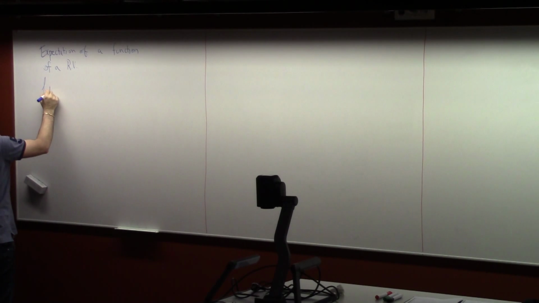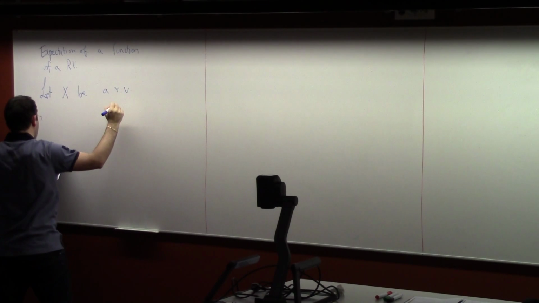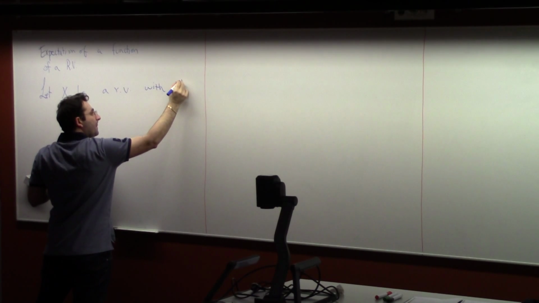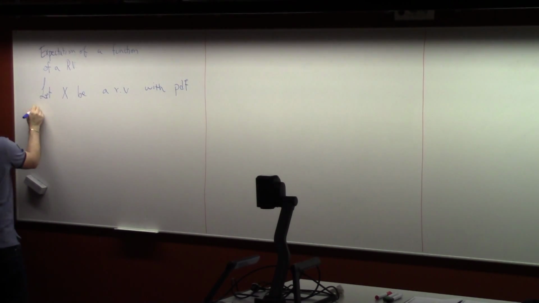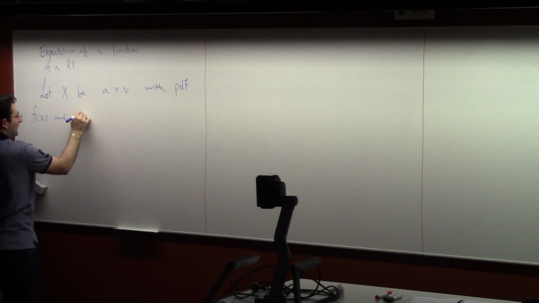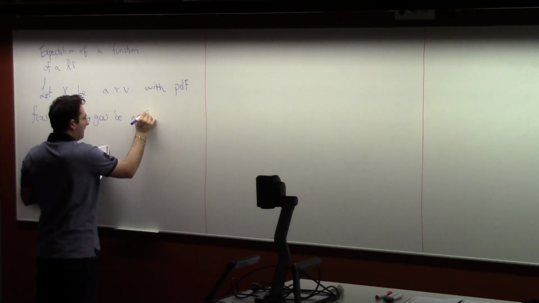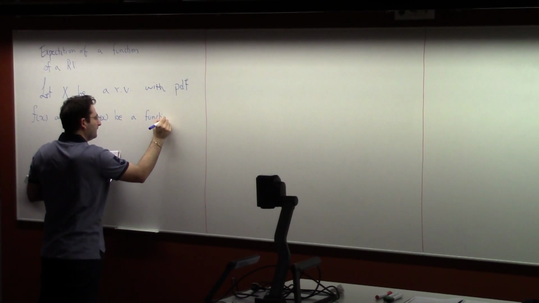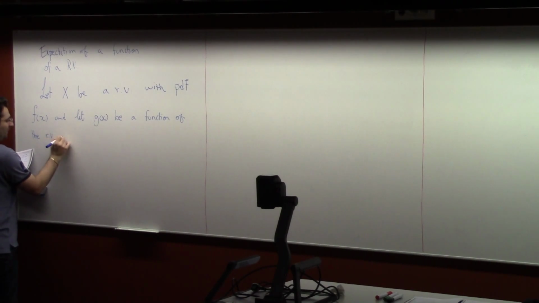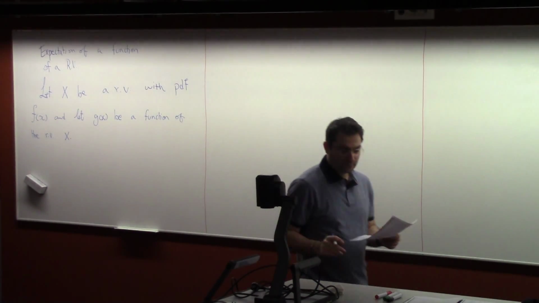And as usual, we'll start by saying: let X be a random variable with probability distribution function f(x), and let g(x) be a function of the random variable X. So let's have these few terms.